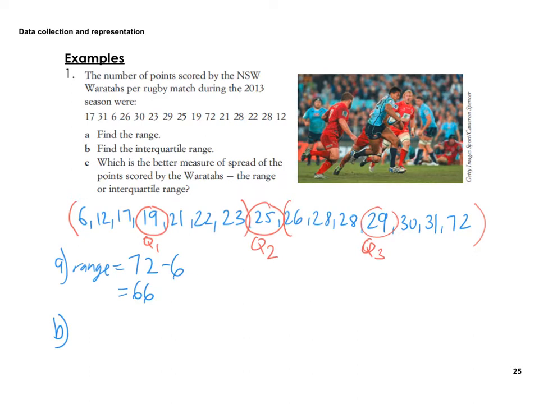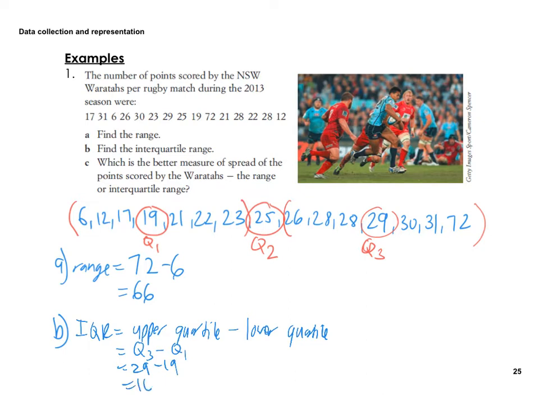All right. Now the formula for interquartile range: interquartile range is upper quartile, take away lower quartile, which is Q3 take away Q1, which is 29 minus 19, which is 10. Okay, and then part C as well. Part C says, which is the better measure, range or interquartile range? Well, we can probably see that 72 is much higher than the rest.